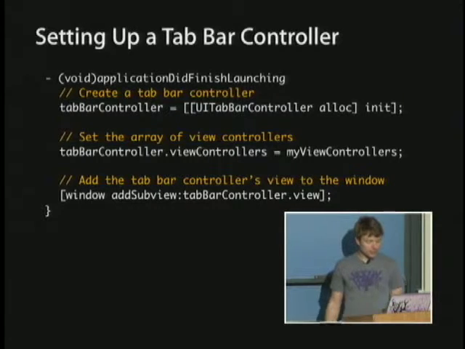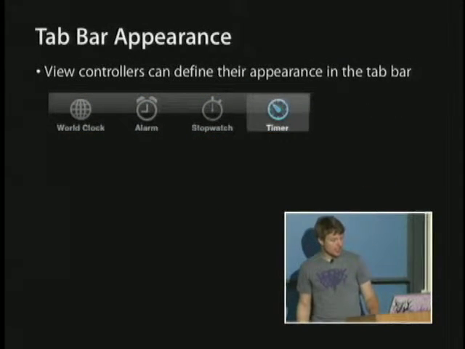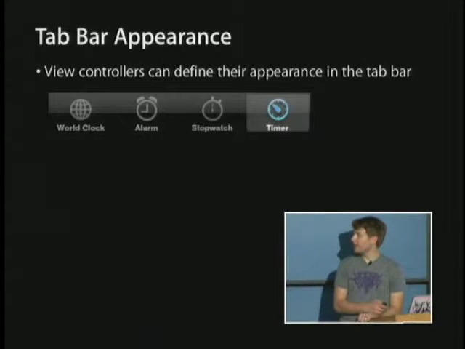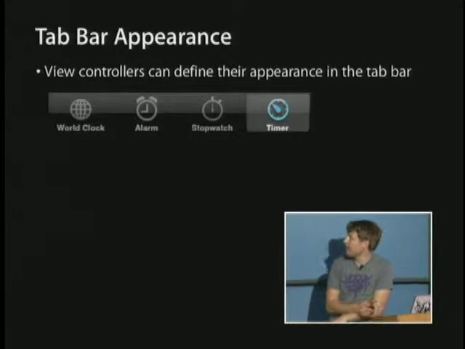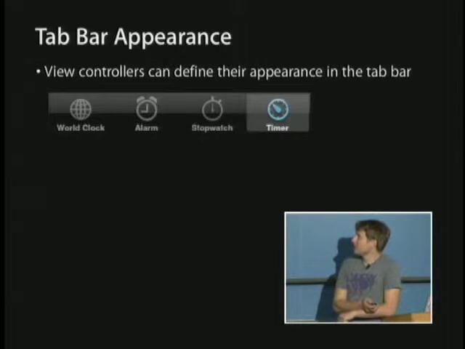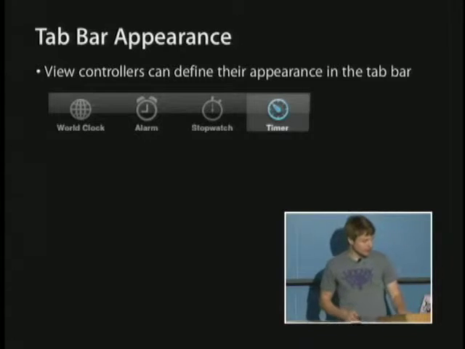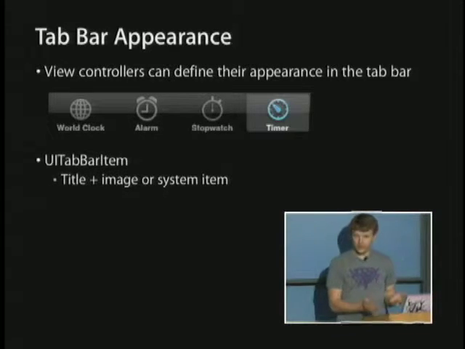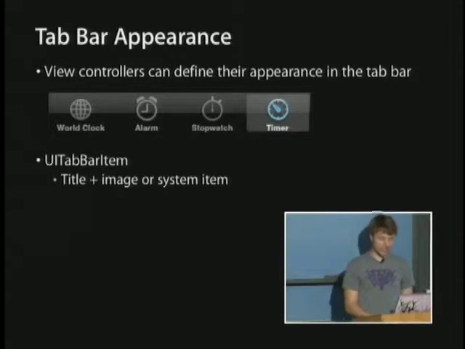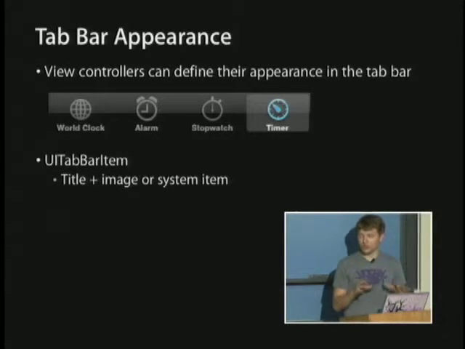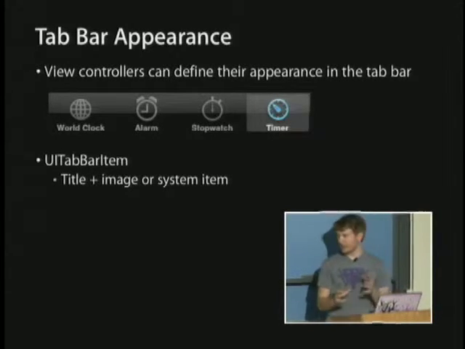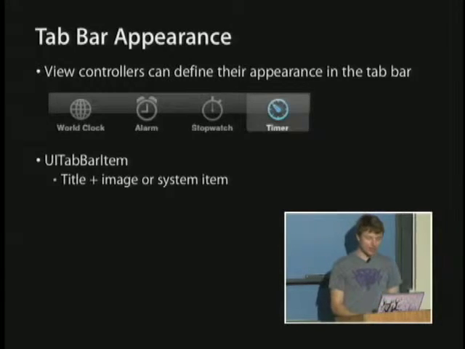Now, from here, one thing to keep in mind is that view controllers can define their appearance, right? So they've got a title. They've also got an image, preferably something really snazzy looking that your interface designer has come up with. To do that, there's a class called UITabBarItem, similar to UINavigationItem or UIBarButtonItem. This class is an object which captures the appearance of these things in the tab bar.